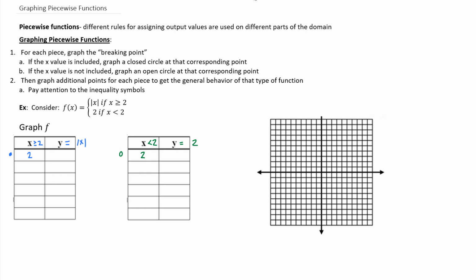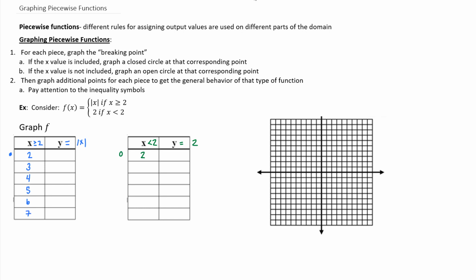Okay, so then the next thing I do before I go evaluating anything is I look at the domain pieces. And I see for this first piece here, x needs to be greater than or equal to 2. So it could be 3, could be 4, could be 5, etc. On and on you go, right?